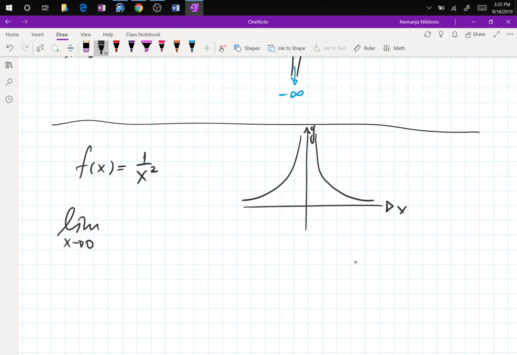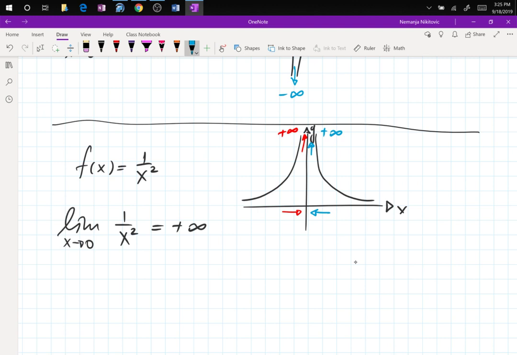As x approaches 0 from both sides, you see that the Juliet approach goes to positive infinity, and the Romeo from the other side also goes to positive infinity. They agree, so the overall two-sided limit is positive infinity. All of these cases show the same thing.